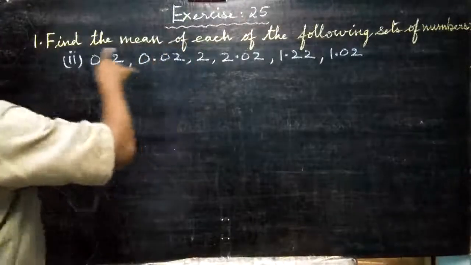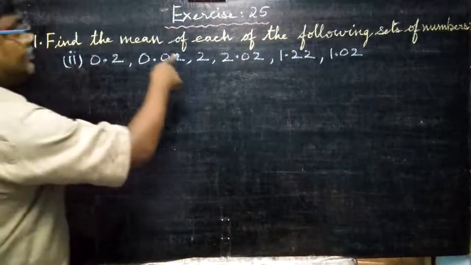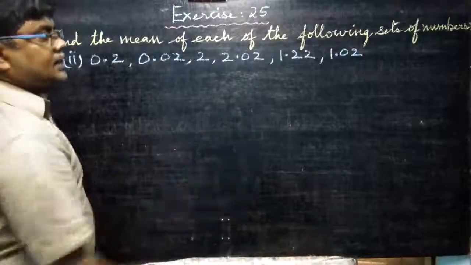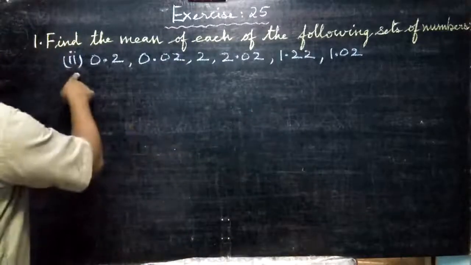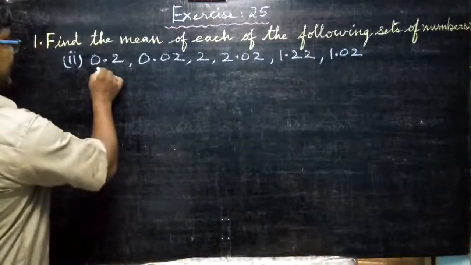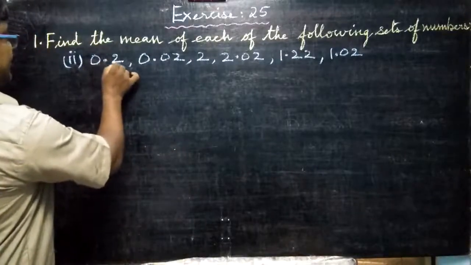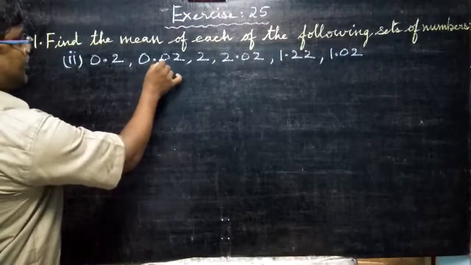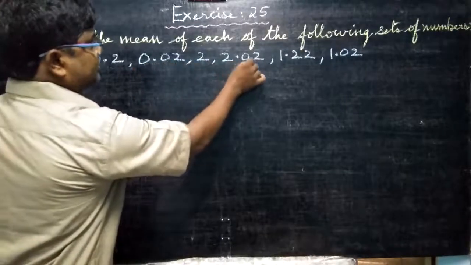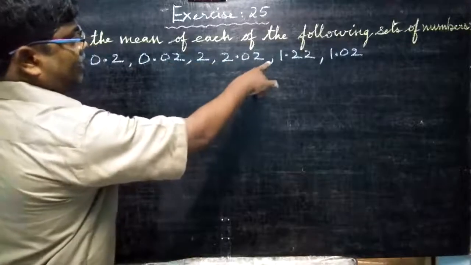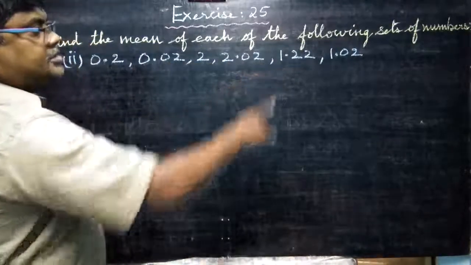Exercise 25, first problem: find the mean of each of the following sets of numbers. The second problem I am doing. They have given observations 0.2, 0.02, 2, 2.02, 1.22, 1.02.